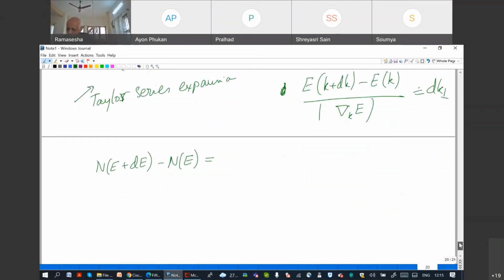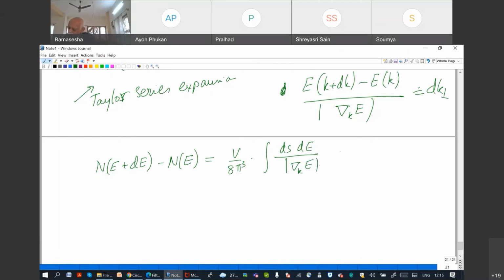Okay, so this is equal to V by 8 pi cubed integral dS dk perpendicular, which is dS dE by grad kE.